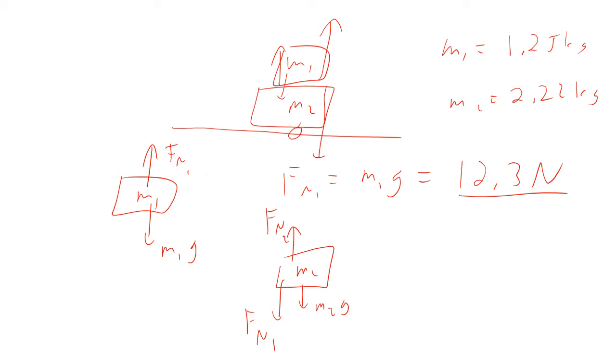And so that means that Fn2 has to equal Fn1 plus M2G. So it's not just what it was.